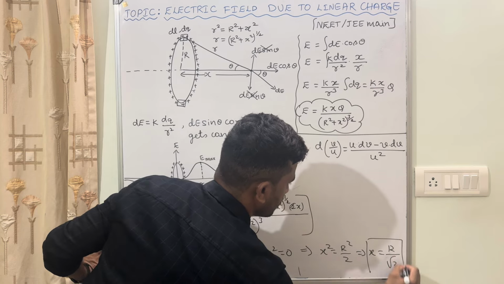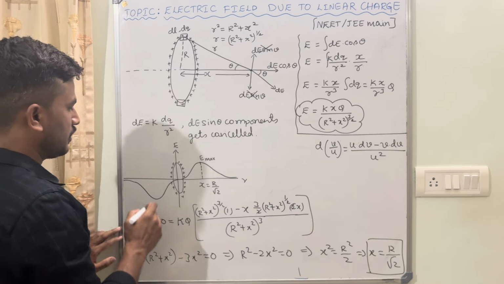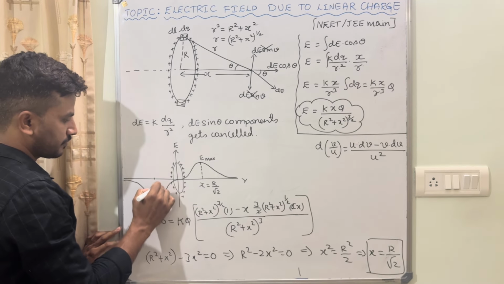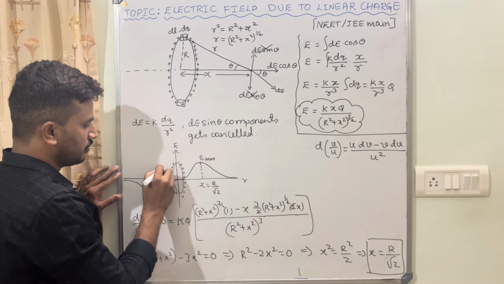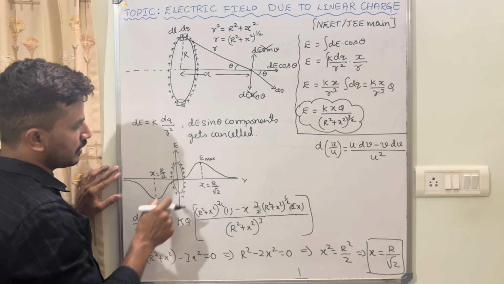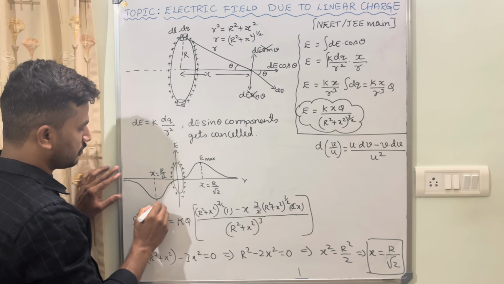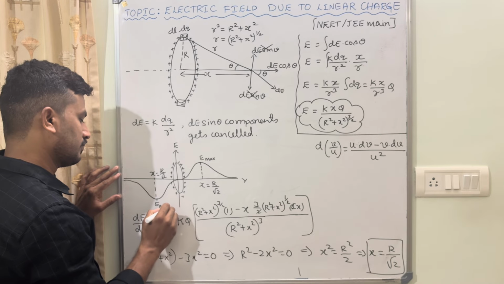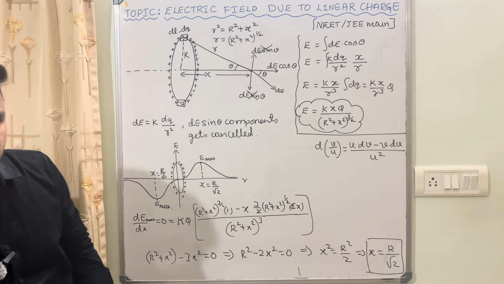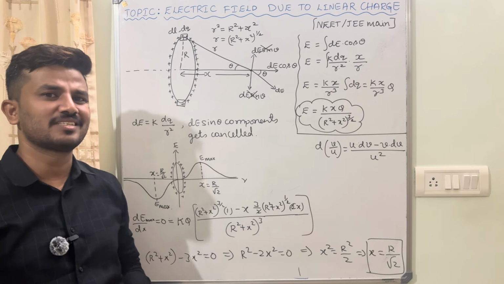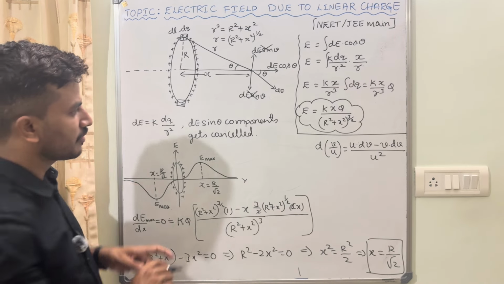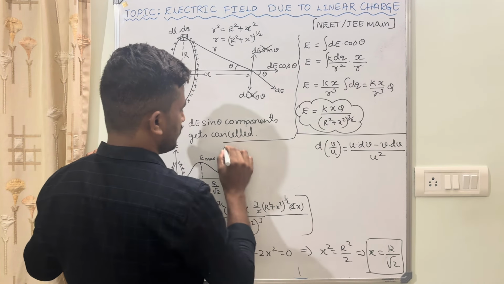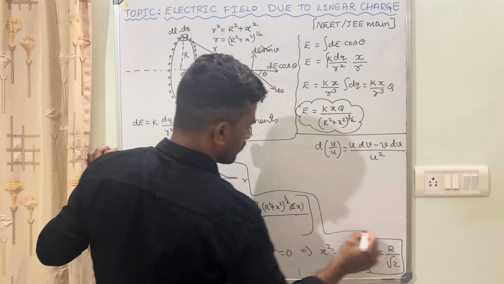Look at this: at x equal to r by root 2, the electric field is maximum. So how much is that, sir? What is that maximum electric field? If you want to calculate that, you can do it here only.